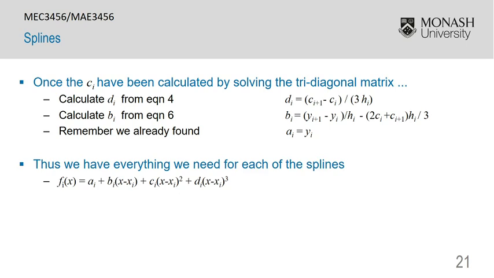Everything we need to detail how to calculate the splines. The only tricky thing from here on in is if we want to use the spline to calculate the value at a certain value of x, we need to figure out which of the n minus 1 splines we need to use. And that's something that we'll probably look at in computer labs.